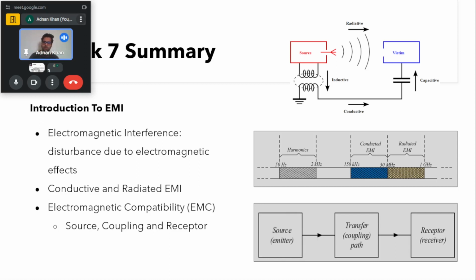Firstly, we will see about this conductive electromagnetic interference, how this comes into effect, and how it is propagated. Like I first told you, this EMI is usually due to inductive and capacitive effects.